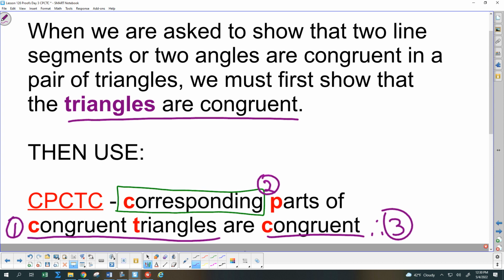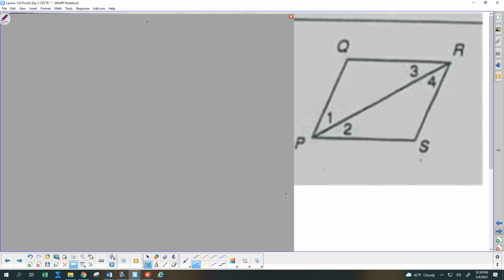So just one more proof, and we'll be done with our note taking for today. Everybody have this down? So copy this picture. Notice on this one, we've put some numbers in here, so I'm going to be able to talk about angle 1 instead of having to write 3 letters, angle QPR.